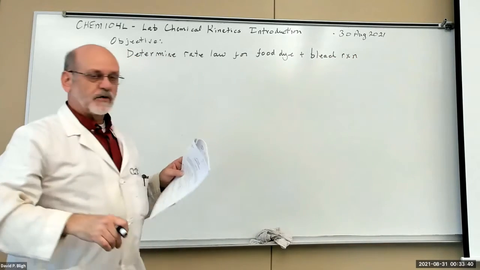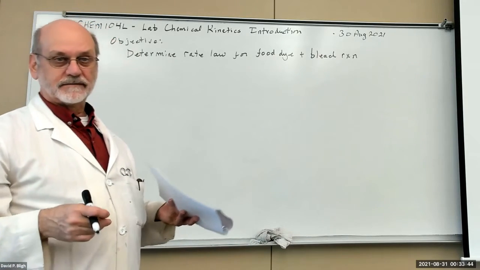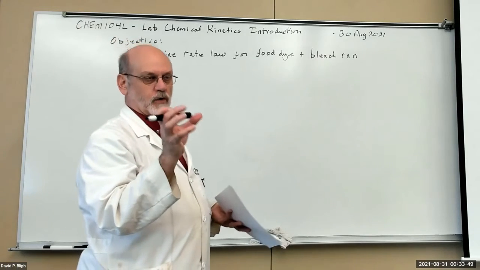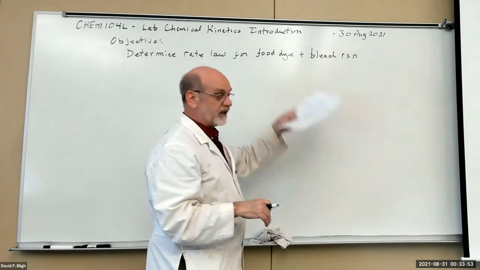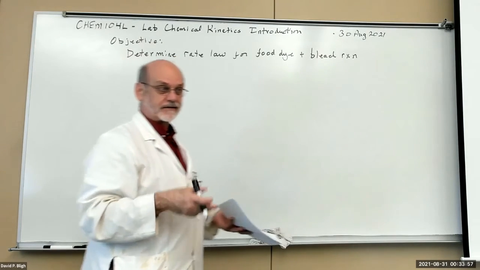Right? So what happens when you put bleach in a food dye? It decolors it, right? It destroys what we call the chromophore, the molecule that produces the color, which is destroyed by bleach. And it happens over time. It has a rate.